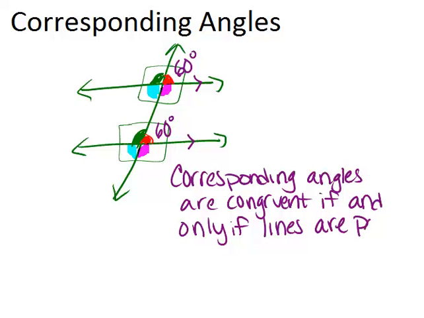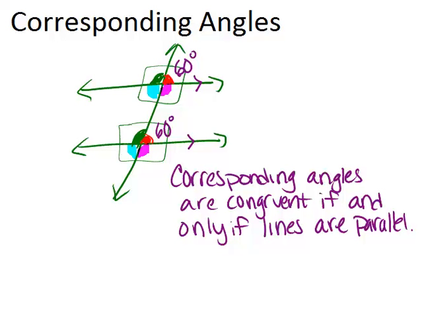So within this sentence, there's two different if-then conditional statements. One is, if corresponding angles are congruent, then lines are parallel. The converse of that is also true. If lines are parallel, then corresponding angles are congruent.